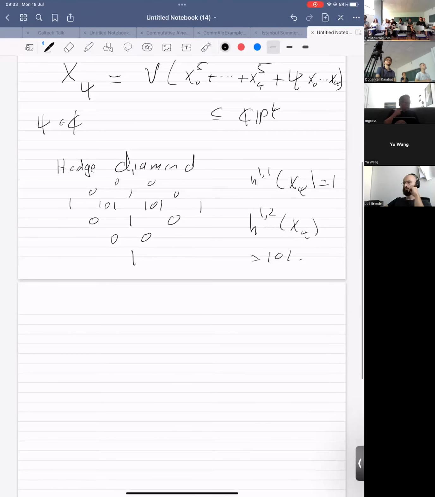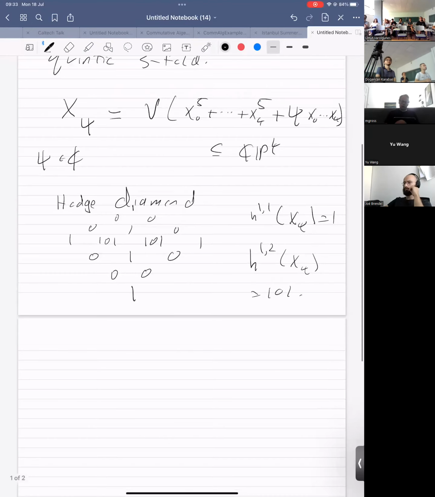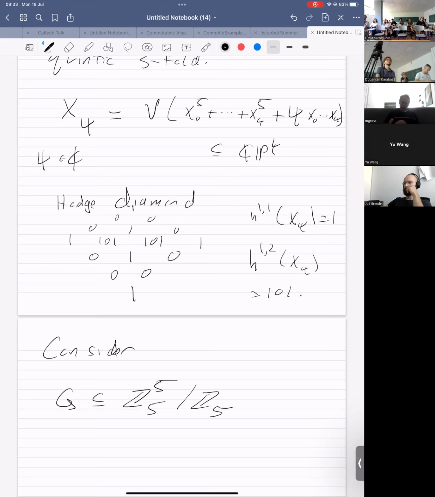Now, what they did was they constructed the mirror as a resolution of a quotient of X_psi. So we consider the following group. Consider G contained in Z5^5 mod Z5.